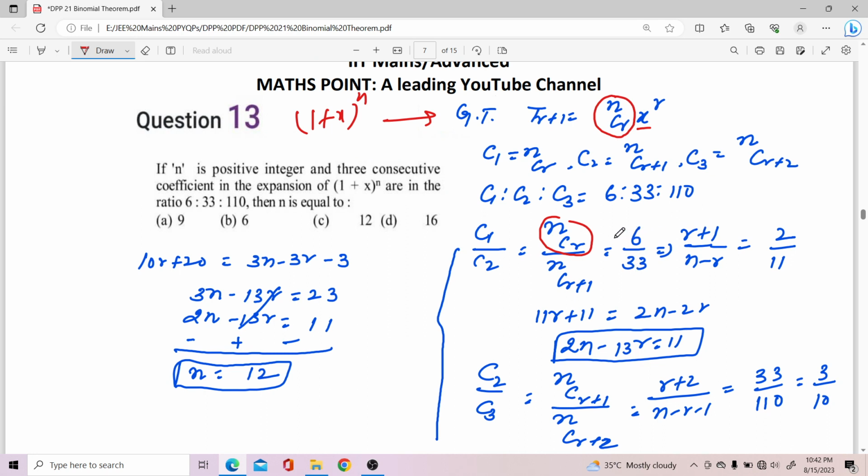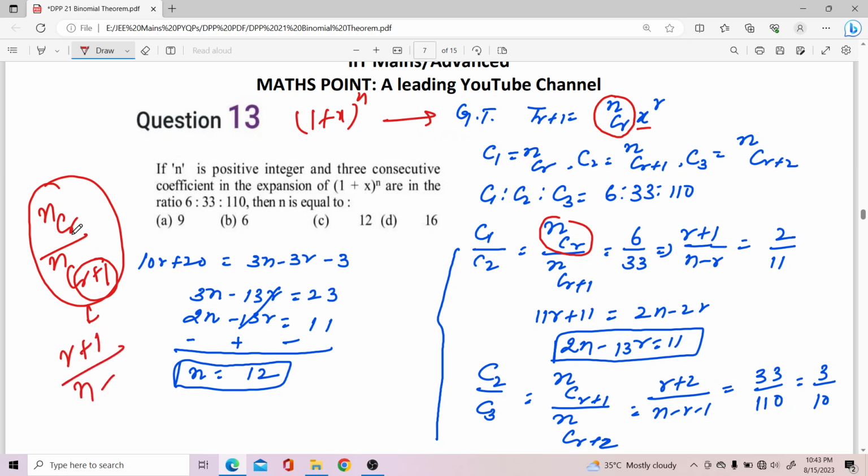If we calculate nCr upon nC(r+1), applying the formula, you place r plus 1 in the numerator, and in the denominator n minus whatever is the smaller one, that is r. So you just subtract r from n.